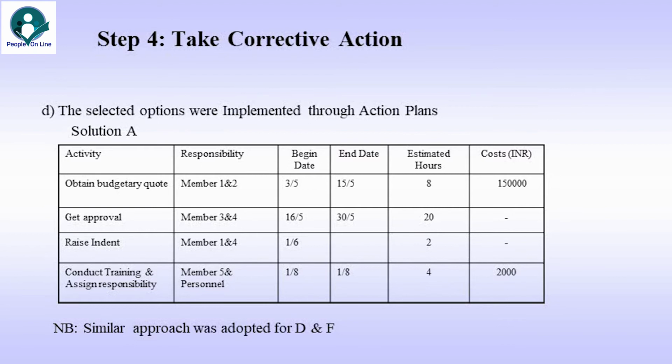Step 4. Take corrective action continued. The selected options were implemented through action plans. Now what we can see is a handy table. It has got 6 columns, and I'm just reading out the column headings. You can see it right in front of you: activity, responsibility, begin date or start date and end date, estimated hours, and a cost.